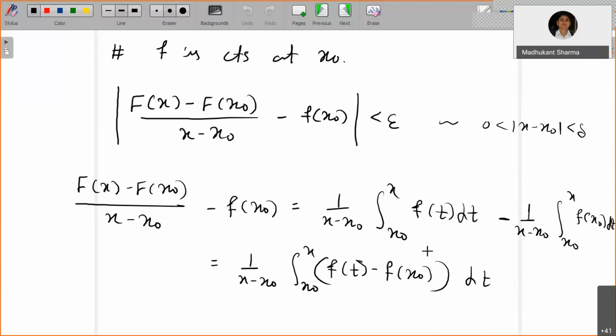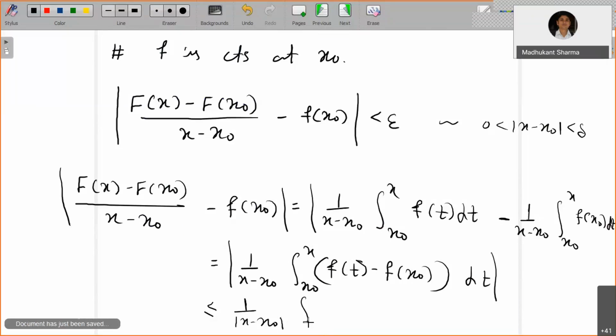Now use the magnitude. So if you use the magnitude, this is less than or equal to 1 upon mod x minus x naught times the integration from x naught to x of mod of f of t minus f of x naught dt.